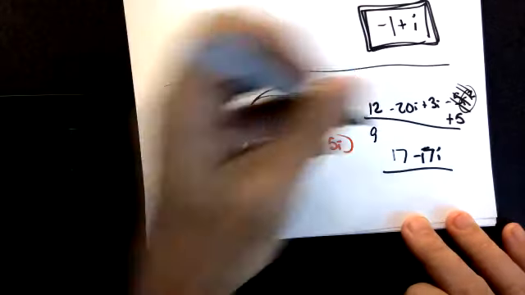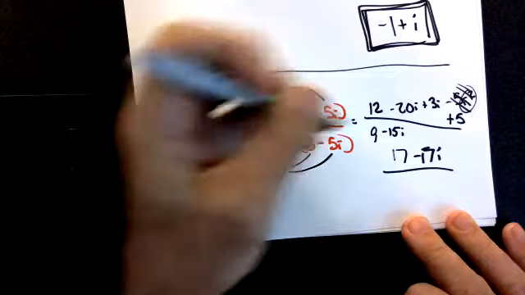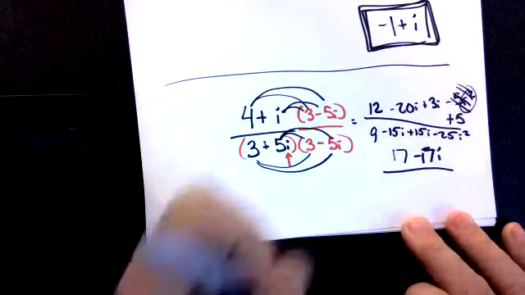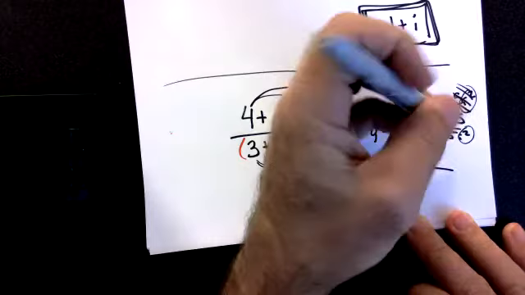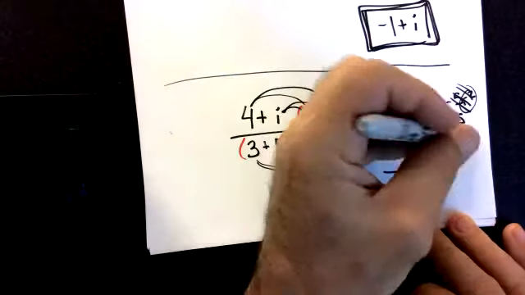3 times 3 is 9. -15i, +15i, -25i squared. i squared is -1. -1 times -5 makes that a +25. All right.